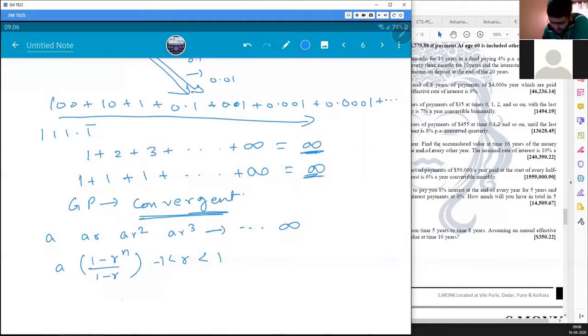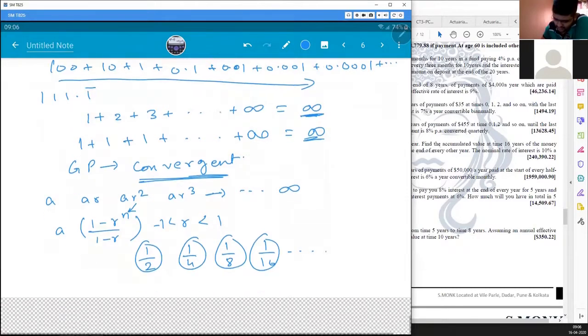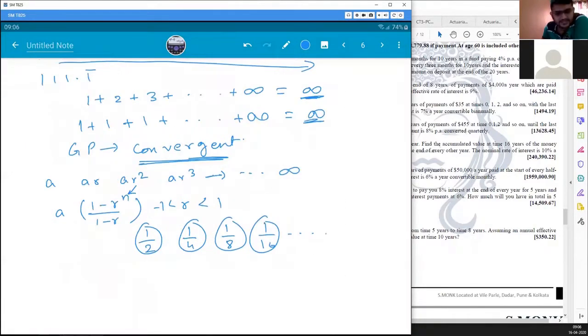I have infinite terms. Now, let's assume r is half, my r square becomes 1 by 4. r cube becomes 1 by 8. r raised to 4 becomes 1 by 16, and so on. So every time as I'm increasing the power, my r raised to n is becoming smaller and smaller. So if I increase it infinite times, my r raised to n or r raised to infinity becomes very, very small.